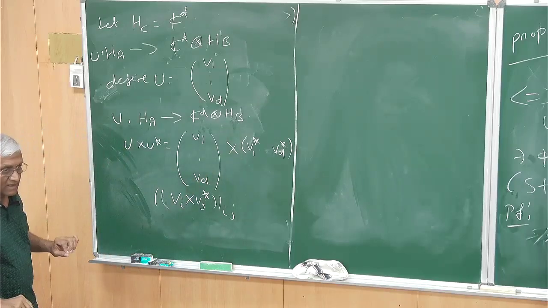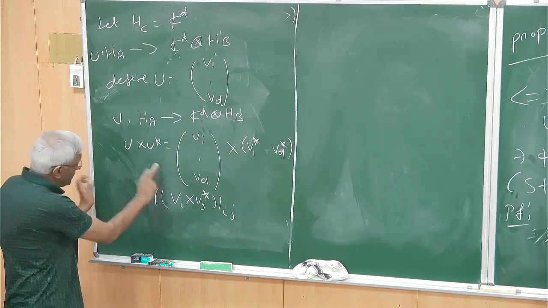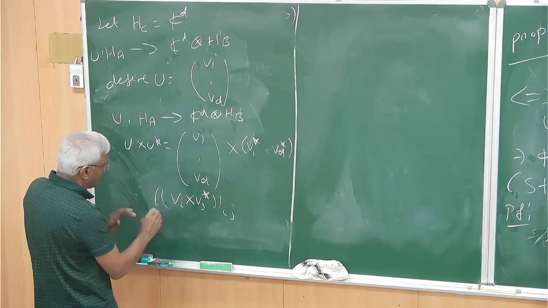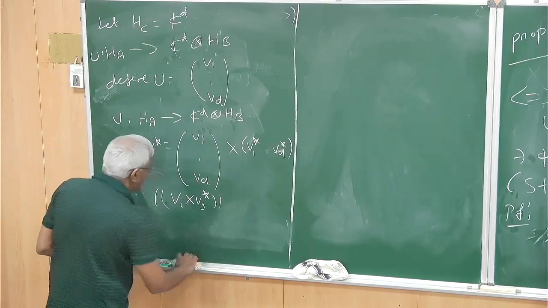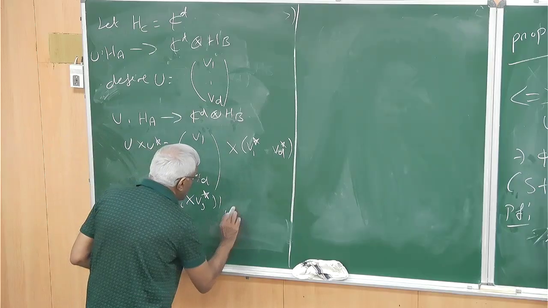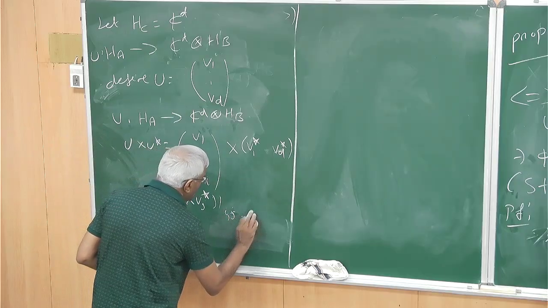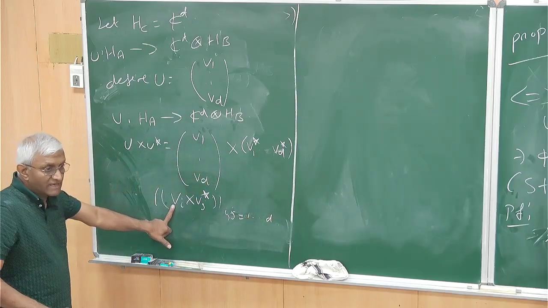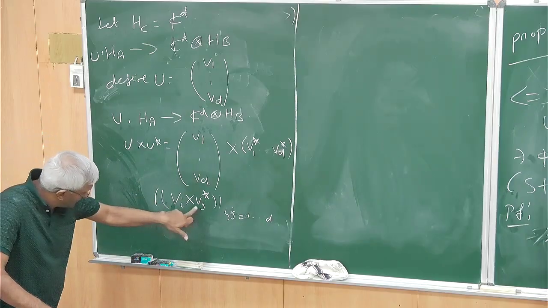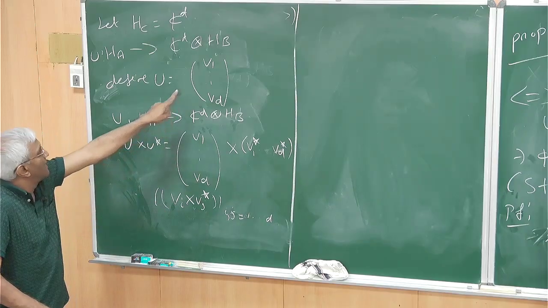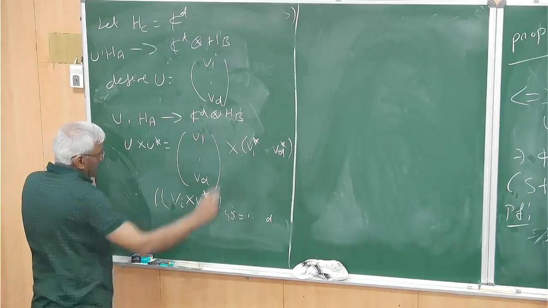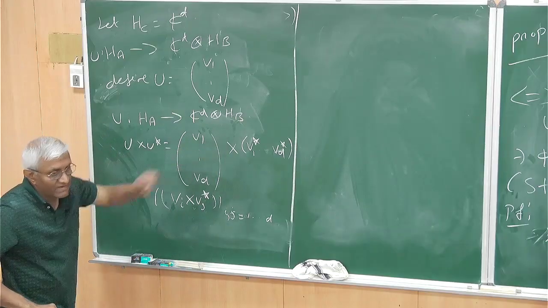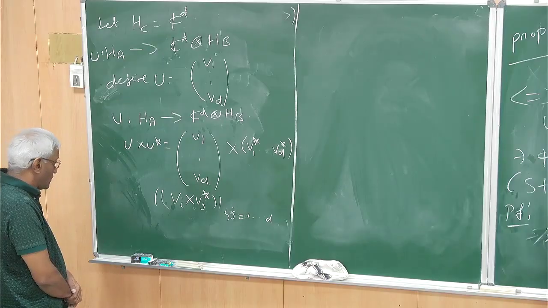So this is fine. U X U star is a matrix of matrices, with entries V_i X V_j star, where i, j range from 1 to D, each in L(H_B).